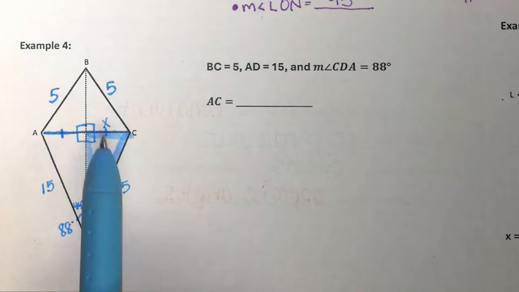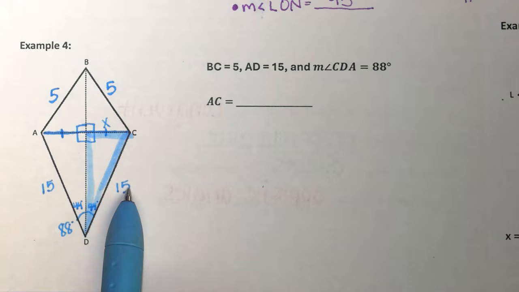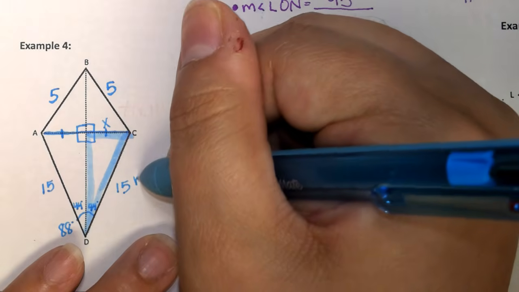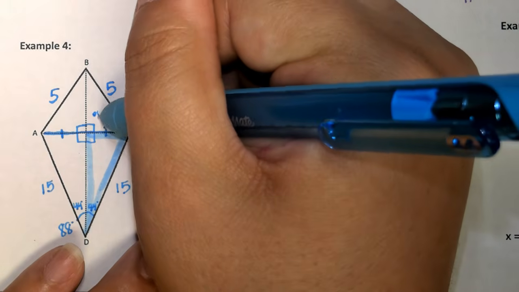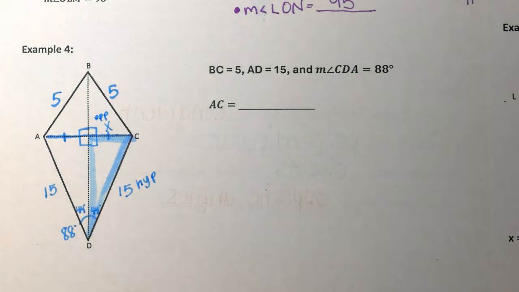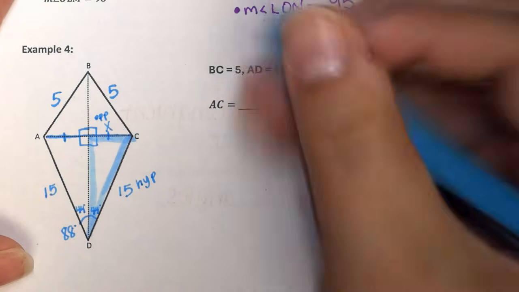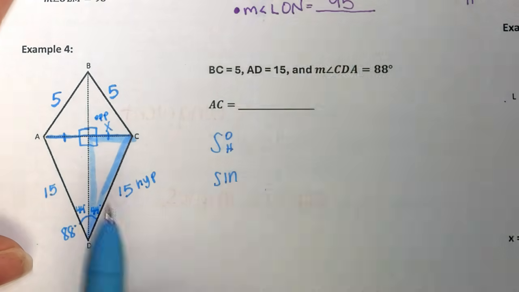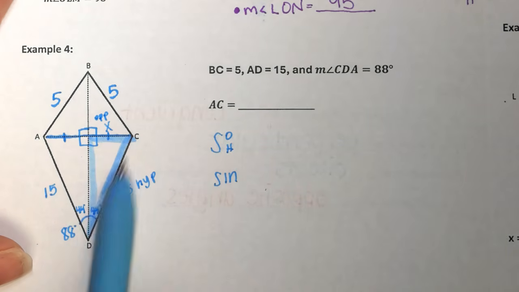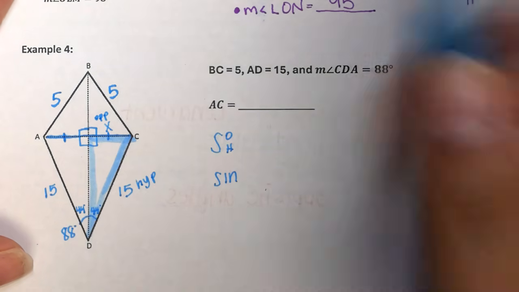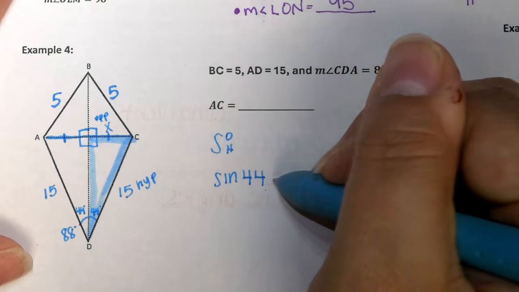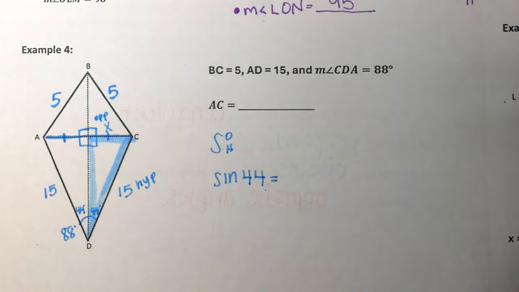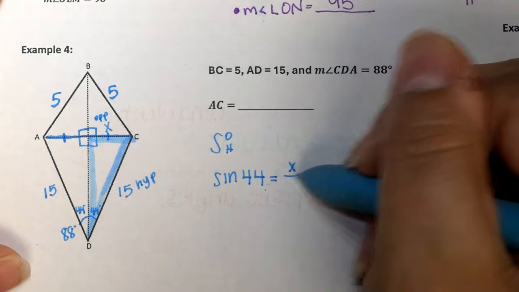I have opposite and hypotenuse, which is sine. We have 44. We're looking at the one I highlighted. We have opposite and hypotenuse. So the sine of 44 is x over 15.